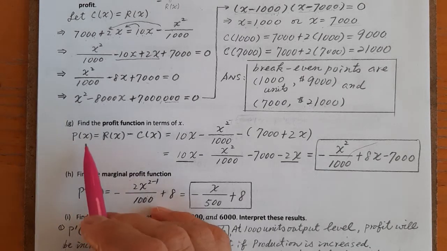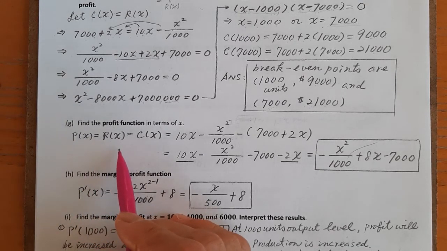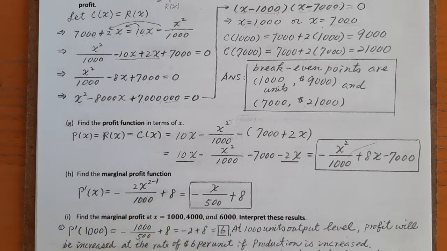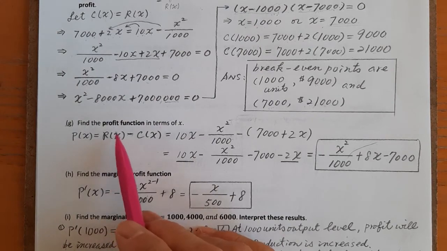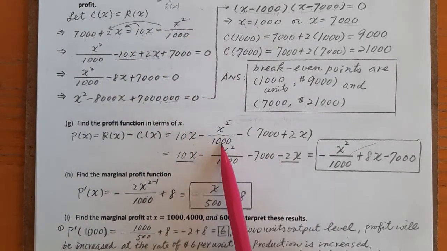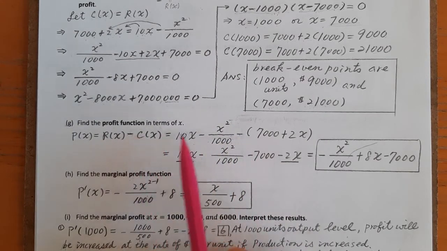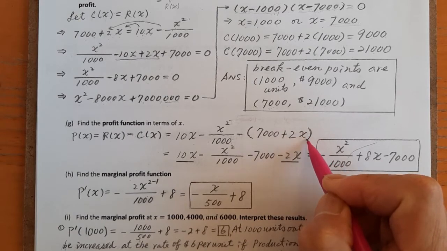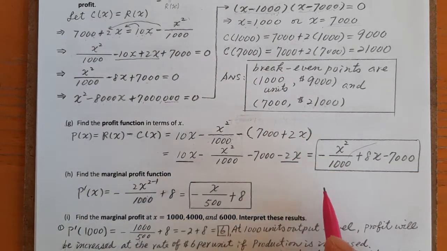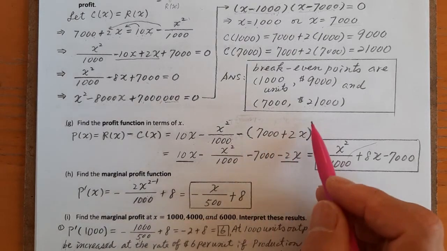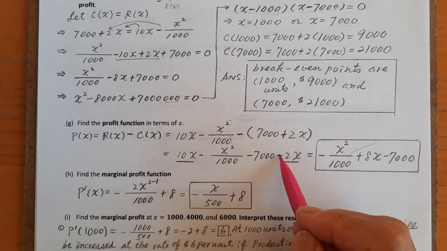So your net profit is your revenue, the money you bring in, minus your cost. So revenue is 10x minus x squared over 1,000, minus the cost. And for the cost you need to put parentheses because there's a minus. Once you remove the parentheses, this plus has to change to minus.